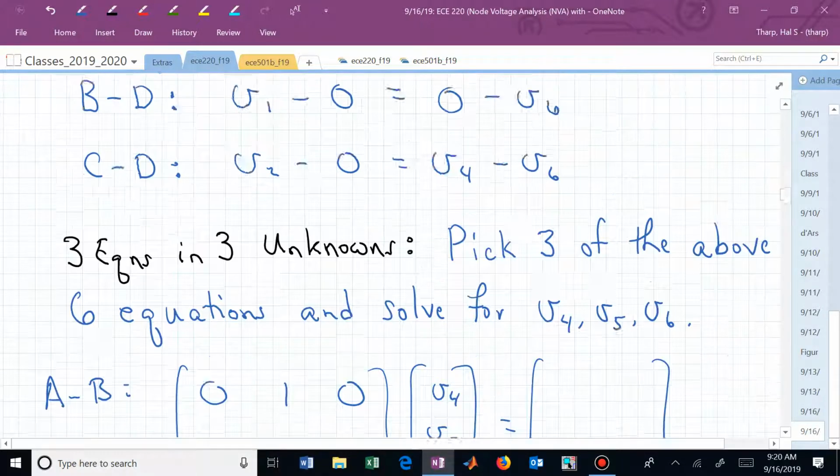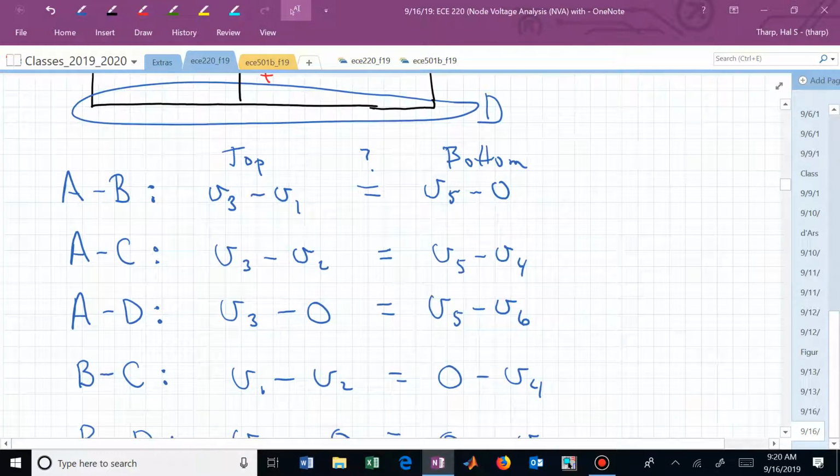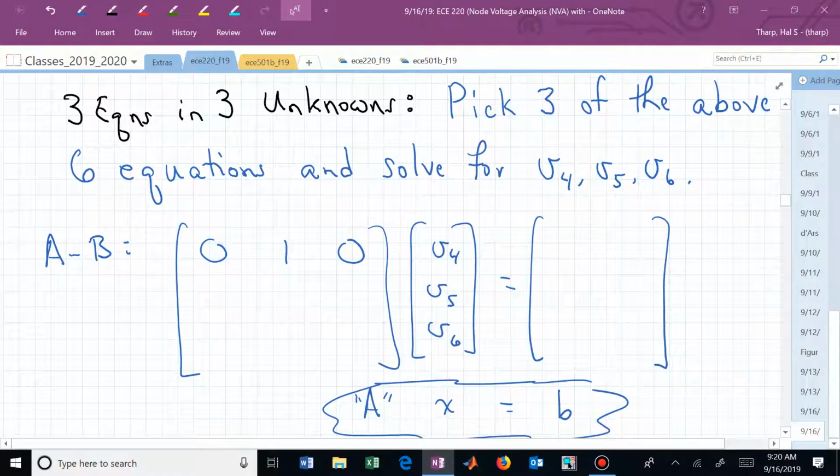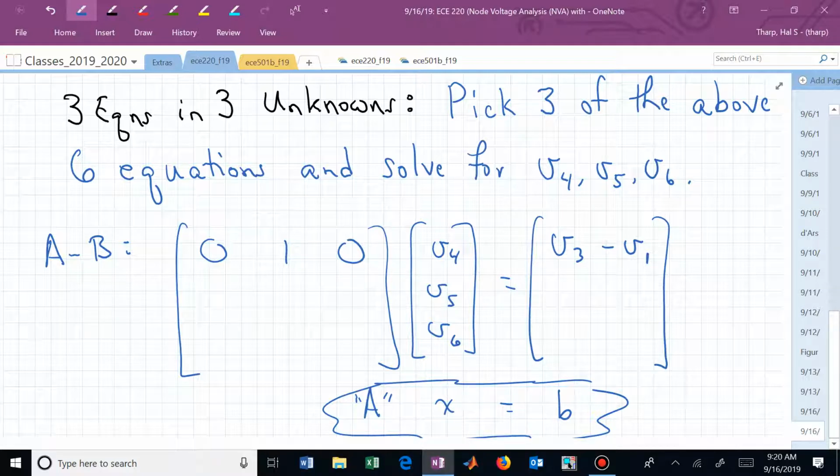And based on this first equation, that's equal to V sub 3 minus V sub 1. I know V1 through V3, so I know V sub 3 minus V1. And now we know what V sub 5 is. I just subtract V1 from V sub 3. But let's now look at the next one.